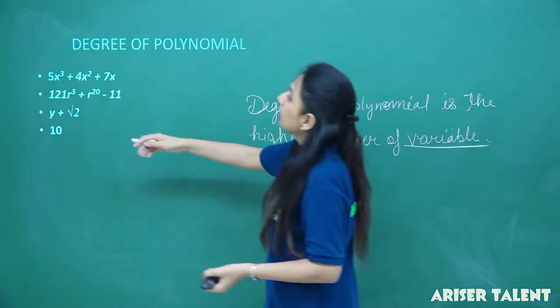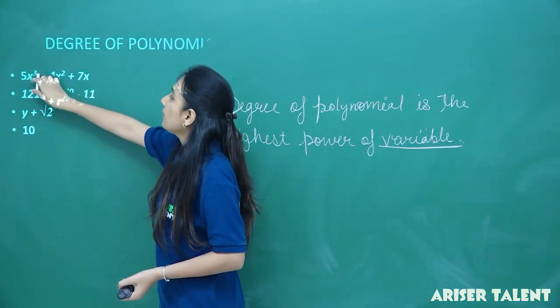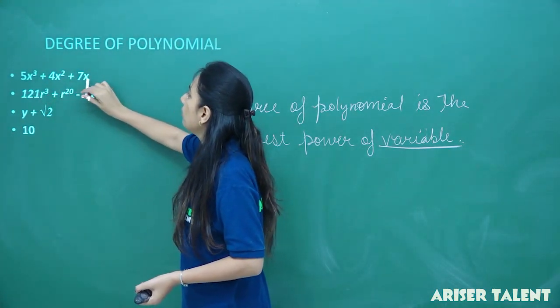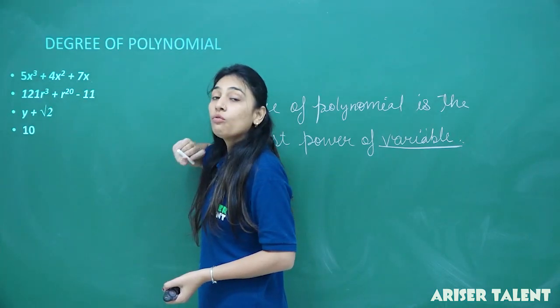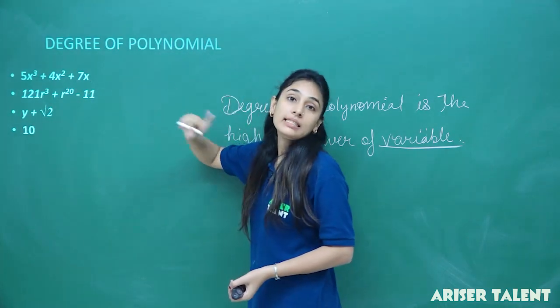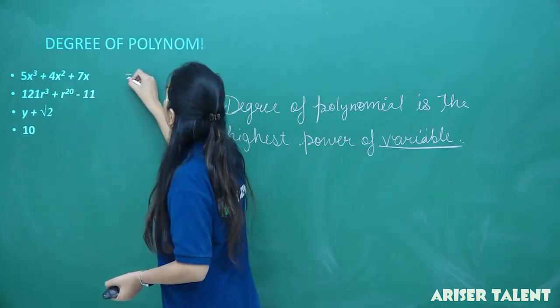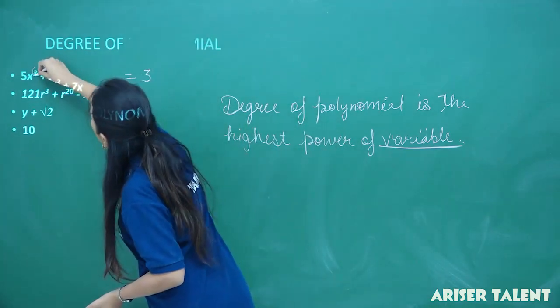Now look at this: 5x cube, 4x square, 7x. What are we having as the highest degree? 3, because the highest power is 3.